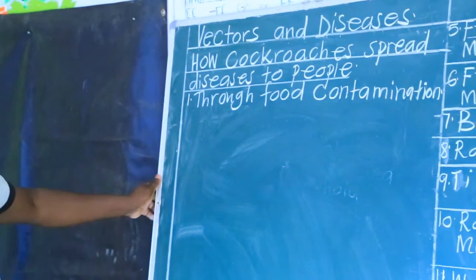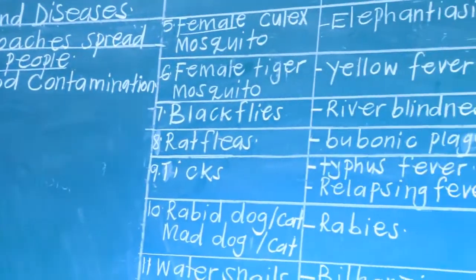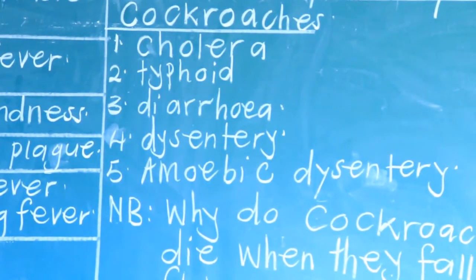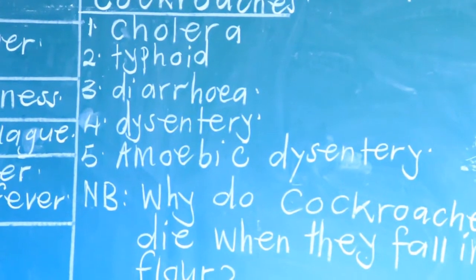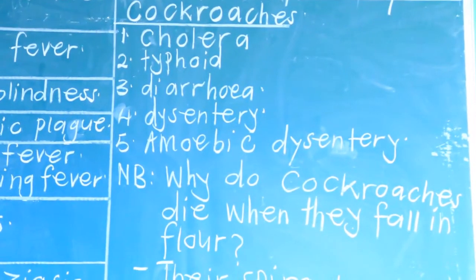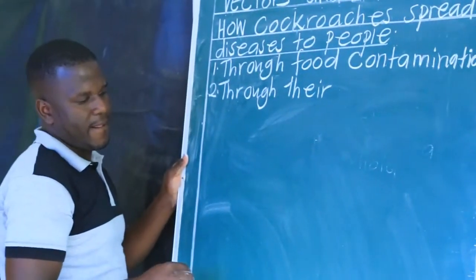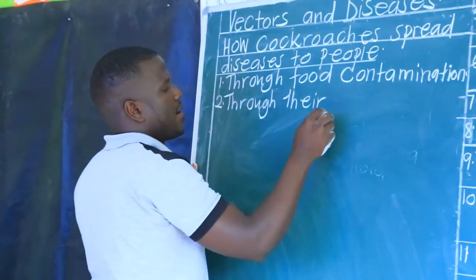We have also said amoebic dysentery. Then I also say through their hairy body.